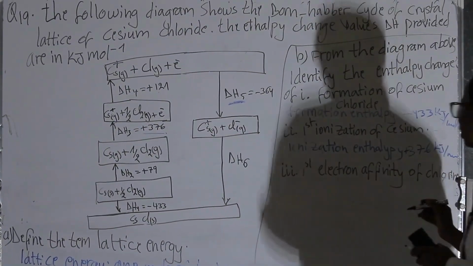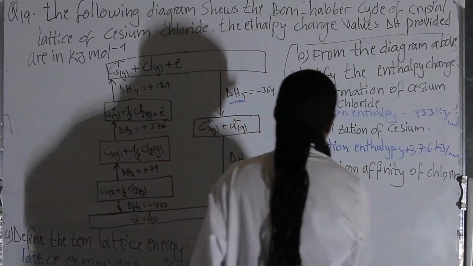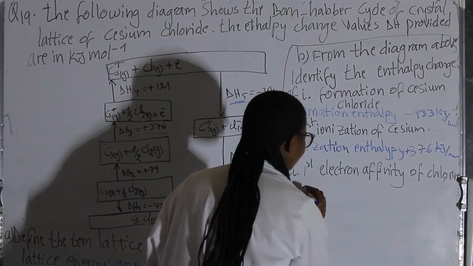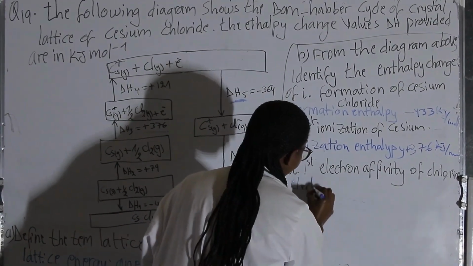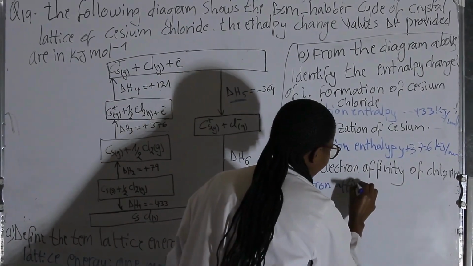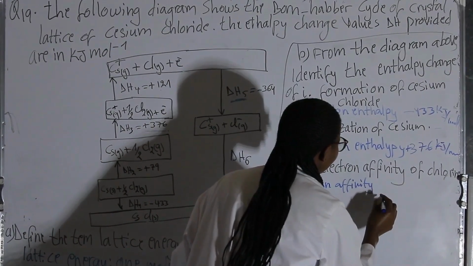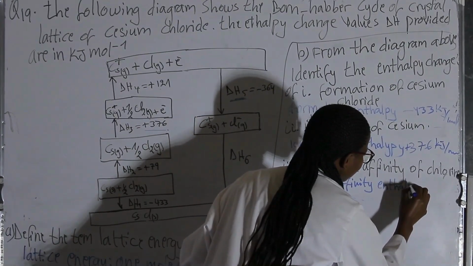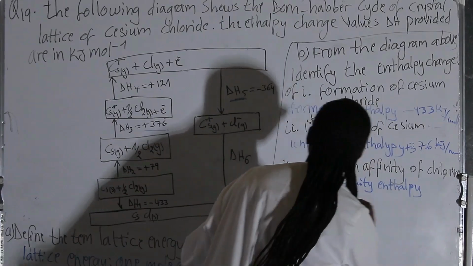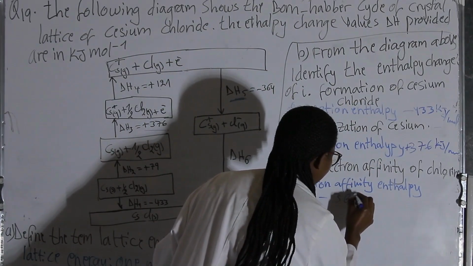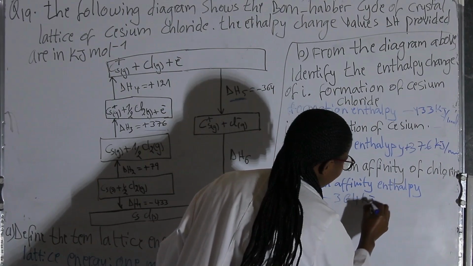It is called electron affinity enthalpy, and it is equal to minus 364 kilojoule per mole.